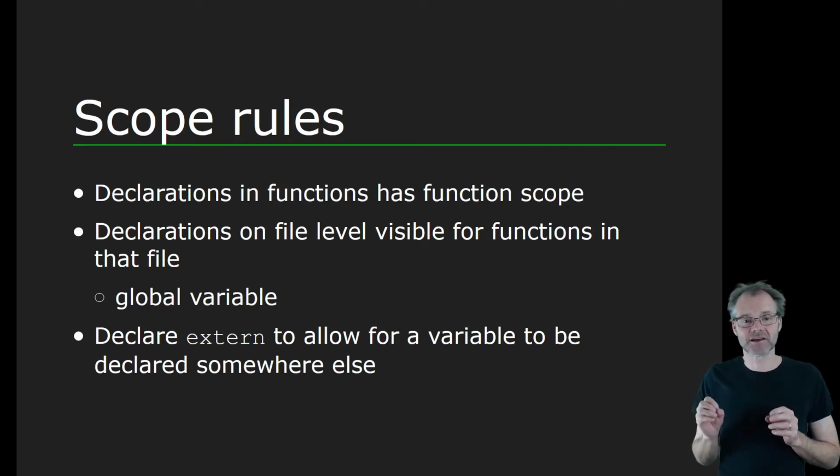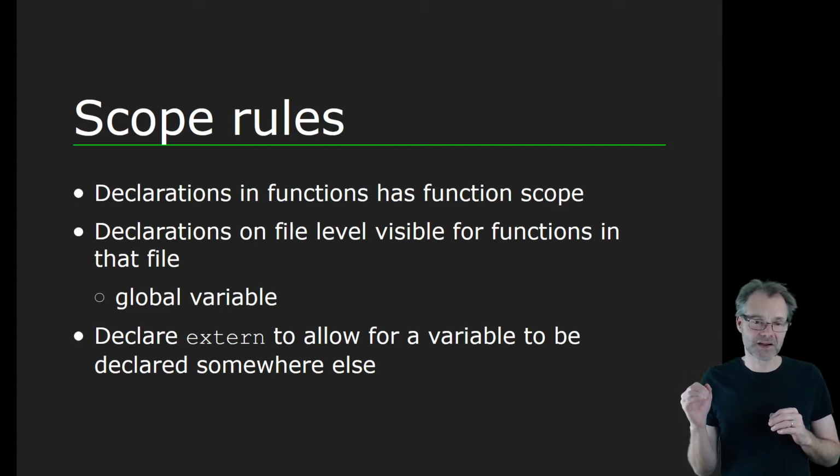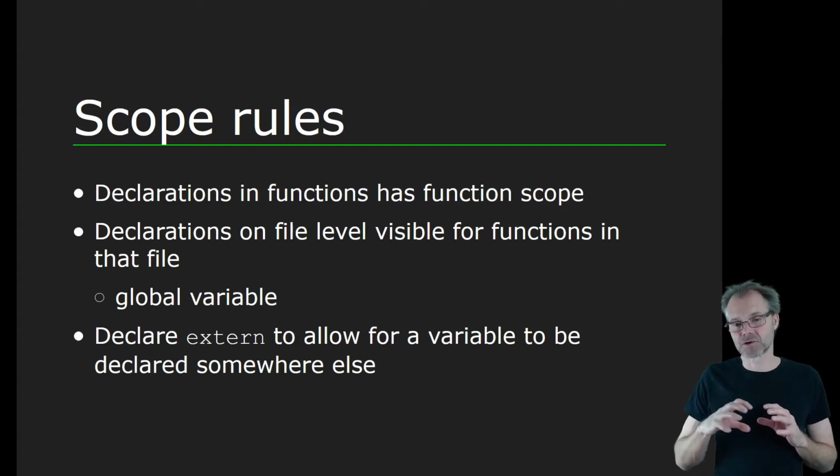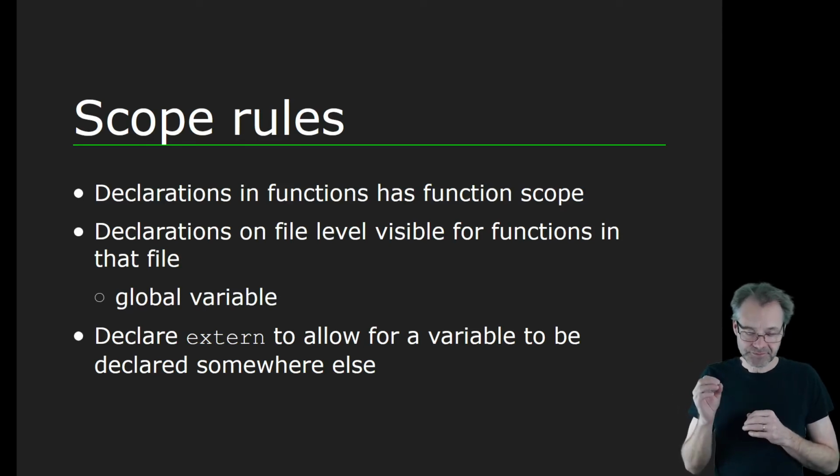When something is declared in a function, it has a function scope, so it's visible all through that function. When you declare a variable on a file level, that variable is visible for all functions in that file. We in general call this a global variable because everybody will see it in that file.